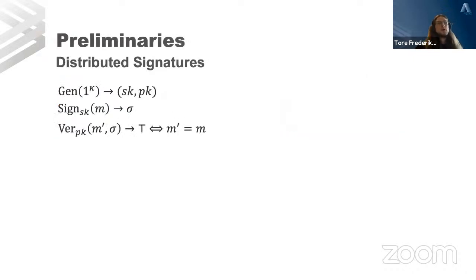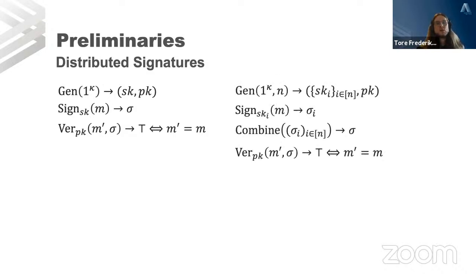Okay. So with this in mind, let me go through the specific tools we are using here for our protocol. The first tool we need is distributed digital signatures, which is basically what you expect.